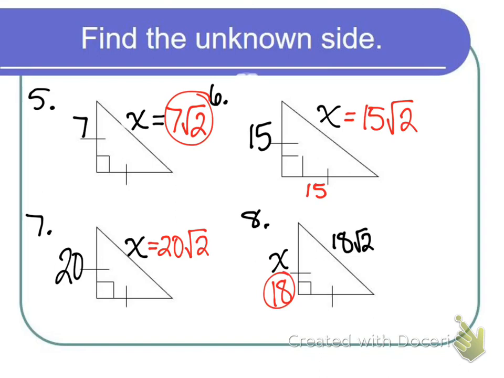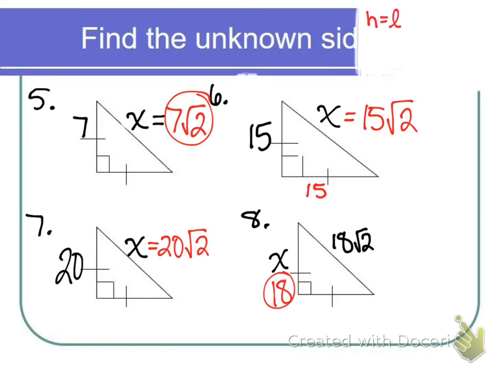It might help to write yourself a little note on these. That for a 45, 45, 90 triangle, the hypotenuse, or h, is equal to a leg, or L, times the square root of 2. Hypotenuse is equal to leg times square root of 2.